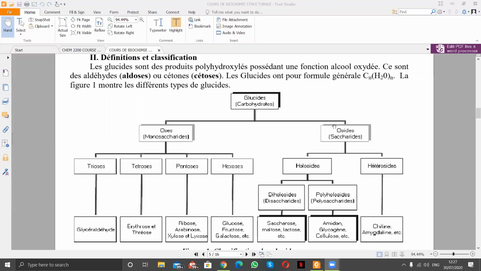Most monosaccharides have a sweet taste. Something you need to know about monosaccharides: most of them have a sweet taste. And all monosaccharides are reducing sugars.